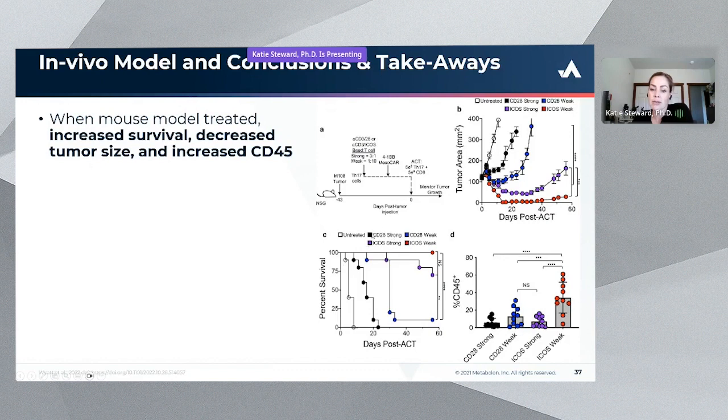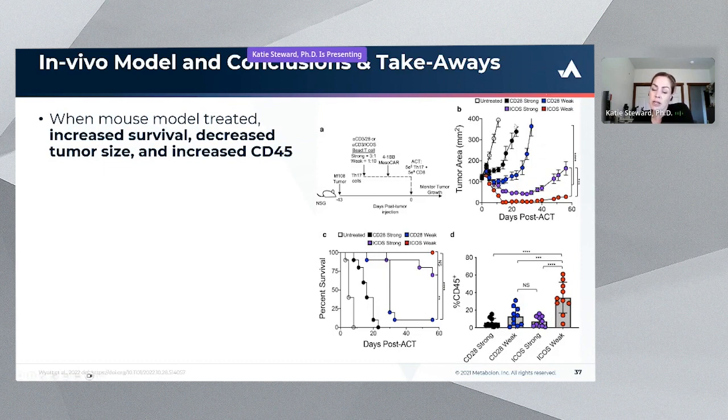The strongly activated CD28 and ICOS cells, shown in the black and the purple traces, had less survival compared to their weakly activated counterparts of CD28 in the blue trace, and the weakly activated ICOS cells, which survived. Those mice survived the entire duration of the experiment.